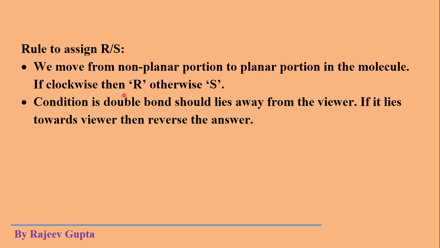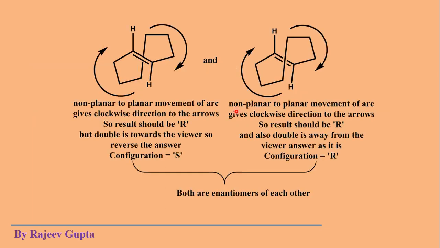So this is the condition: non-planar portion to planar portion, clockwise arc is R, anti-clockwise is S, but the double bond should lie away from the viewer. See this structure. Here the double bond lies towards the viewer. We will move from this non-planar portion to the planar portion like this.